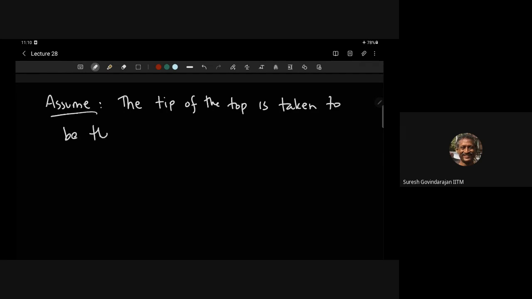Now that we have achieved that, we will also assume that the tip of the top is taken to be the origin in both the lab and body frames.